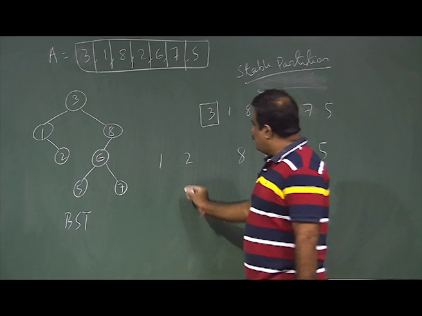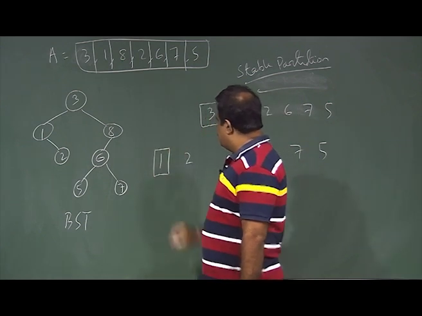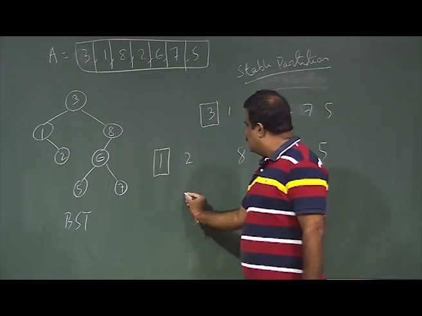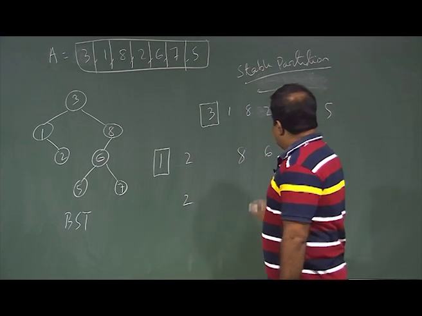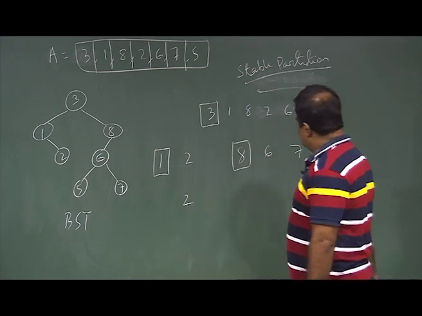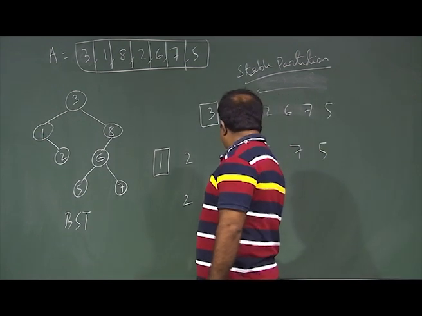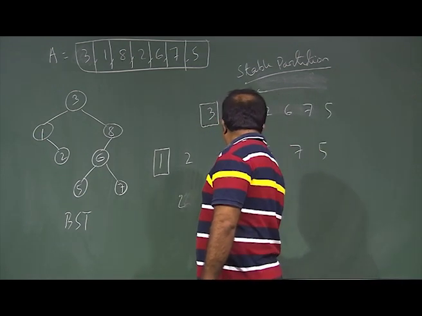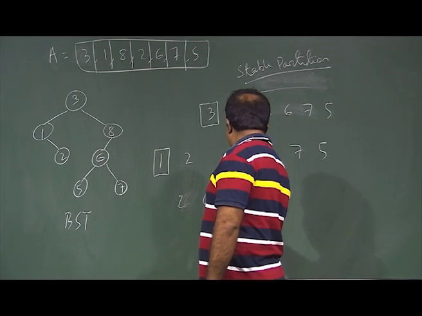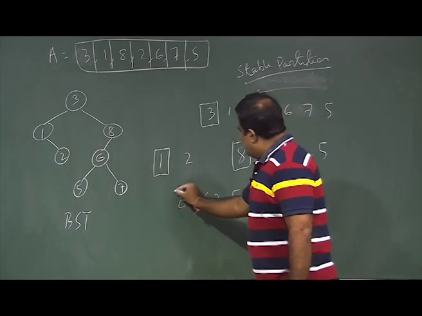Okay. Now, again we take this as a pivot. Now, all the elements less than 8: 6 7 5, and then 2.